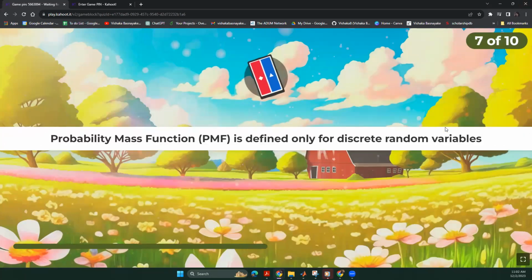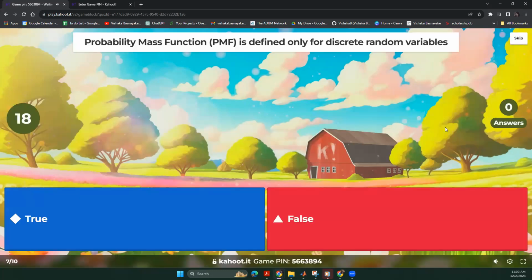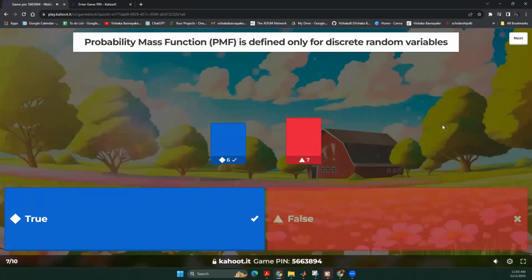Probability mass function, PMF, is defined only for discrete random variables. Is this true or false? Yes.